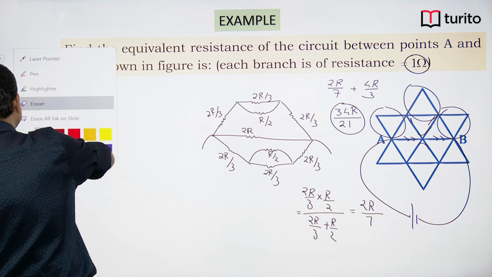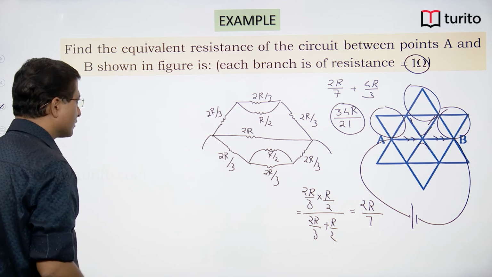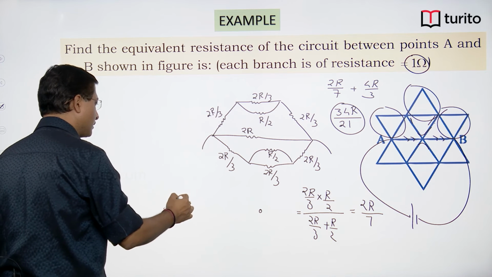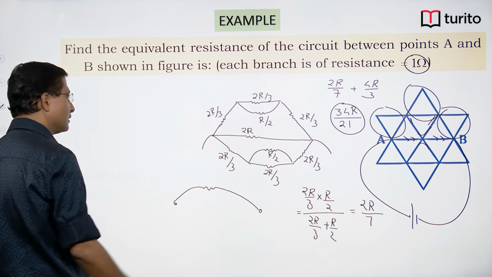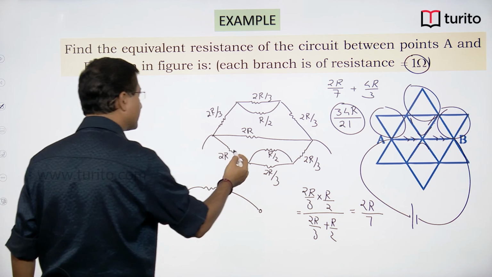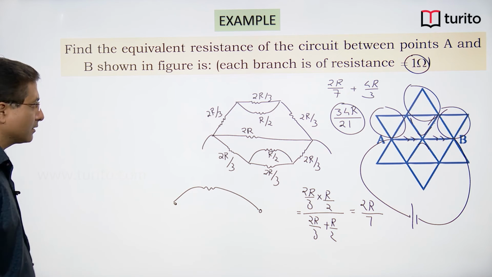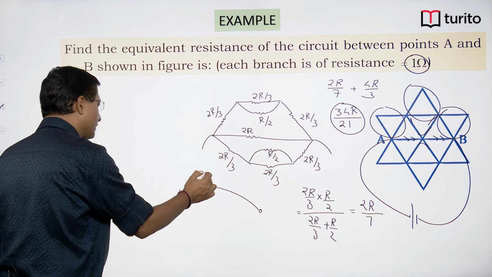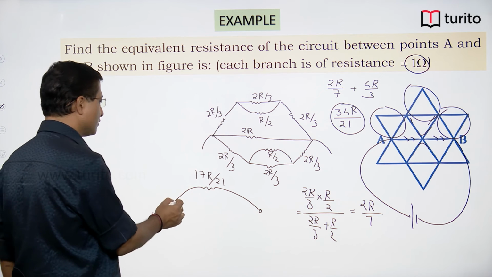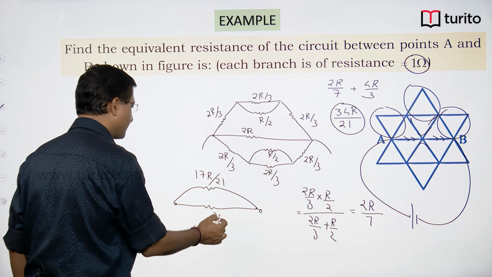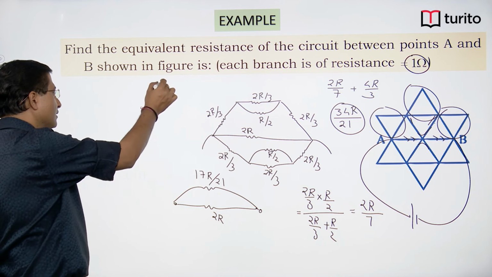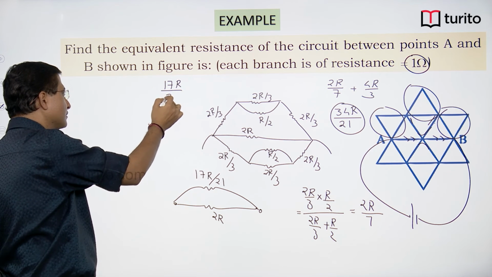So, this upper one, okay, let us draw another circuit. So, I will draw a separate circuit for this whole upper part. So, 34 by 21 and 34 by 21 will give you 17R by 21, and then this one is 2R, and these two are connected in parallel. 17R by 21.